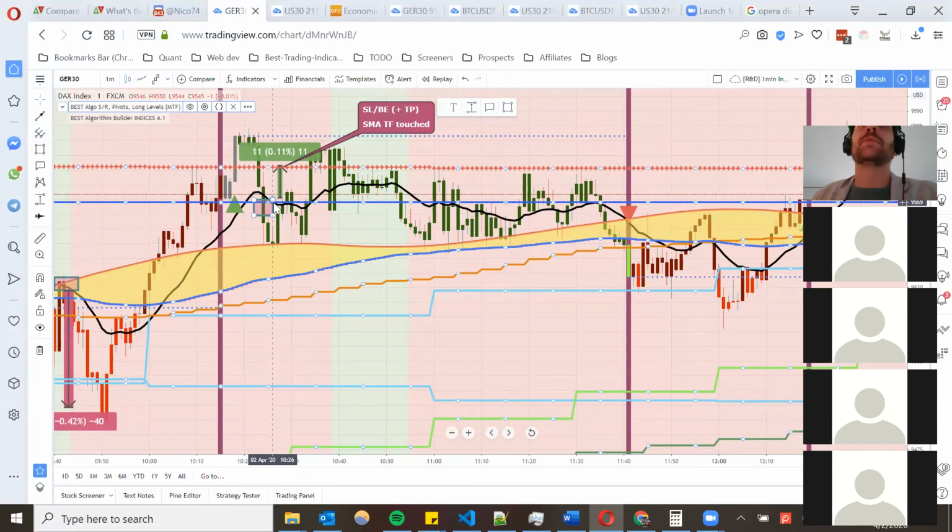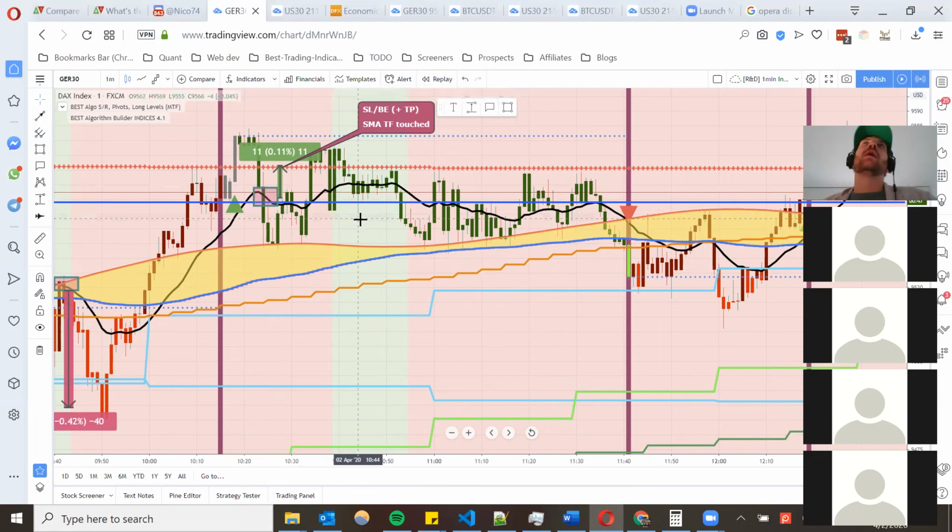For me, the pullback zone is wide, basically from here or here. But overall, with this method, the more you wait for a pullback, and it's something that we can verify 8 times out of 10, the best is the entry case.